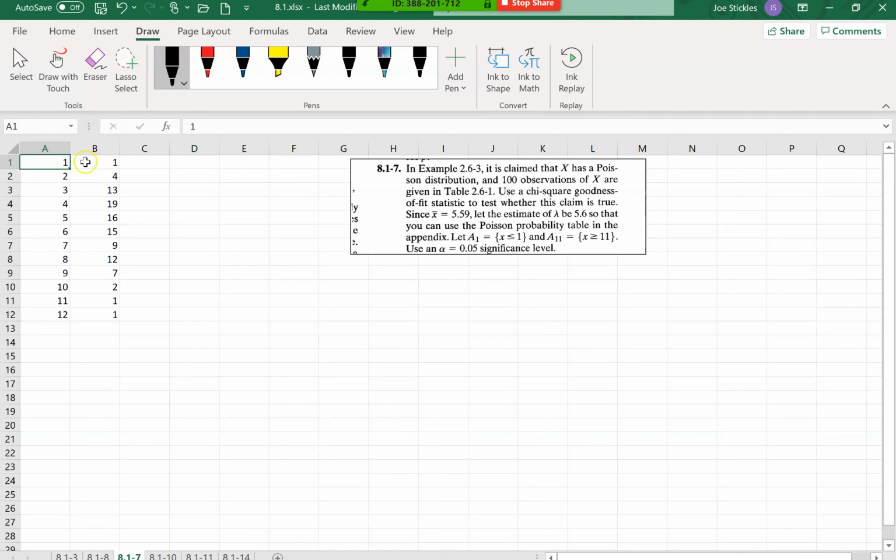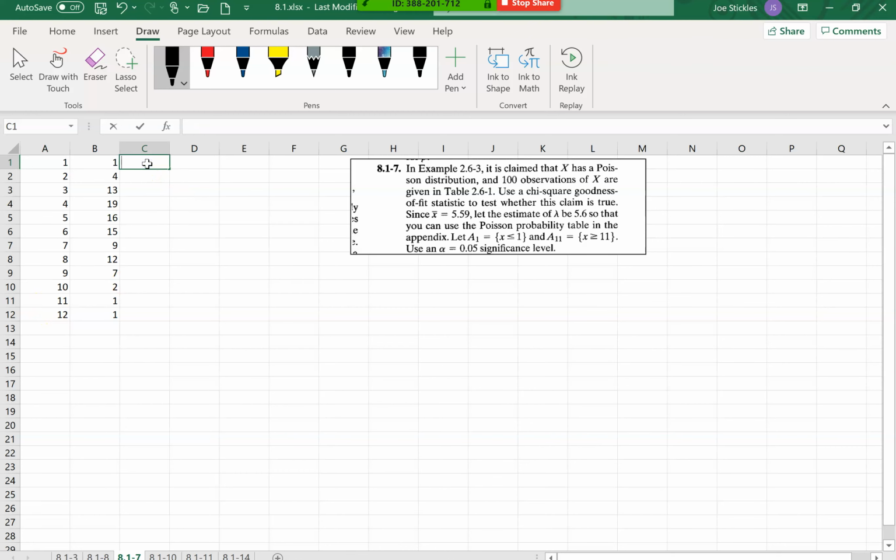So it says go ahead and group everything less than or equal to 1 in one category, because that would include your 0, which there weren't any observations anyway. And 11 and 12 are pretty small, so it says group those together as well. So these were your observations. But remember, for the first one we're going to do less than or equal to 1, and for 11 and 12, we're going to do greater than or equal to 11.